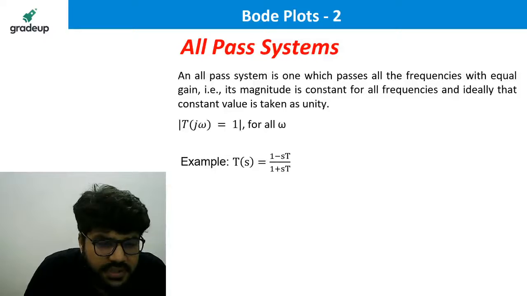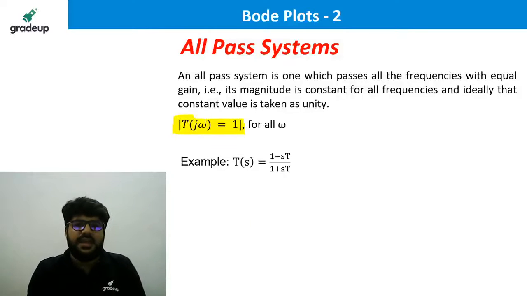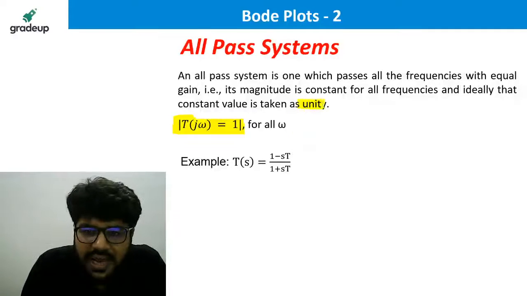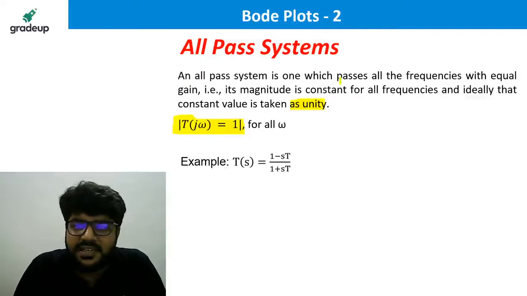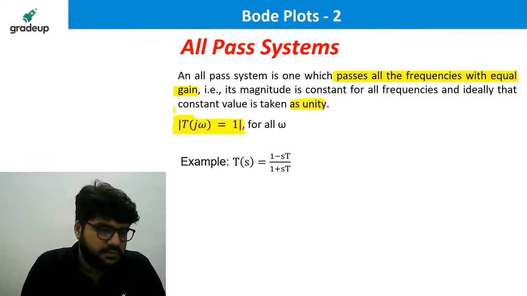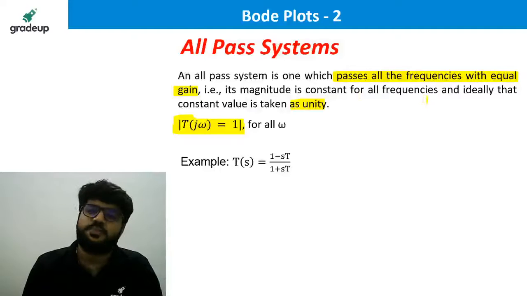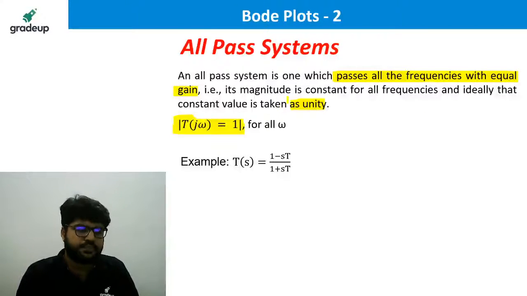That is only possible if the mod of Tj omega is constant, independent of frequency. Actually, it can be any constant, but as a convention it is commonly taken as 1. An all pass system is one which passes all frequencies with equal gain. That means the magnitude should be constant for all frequency, and that magnitude is usually taken as 1.